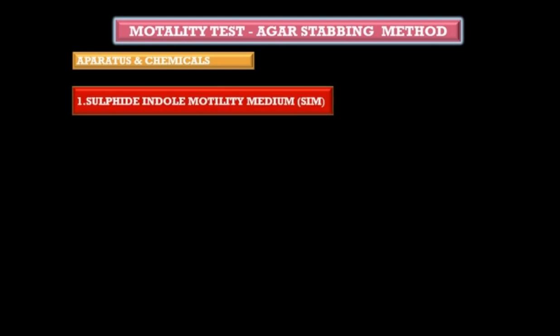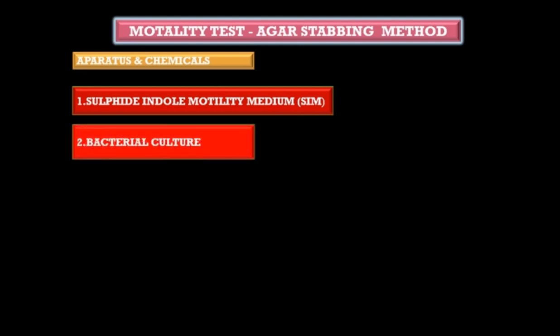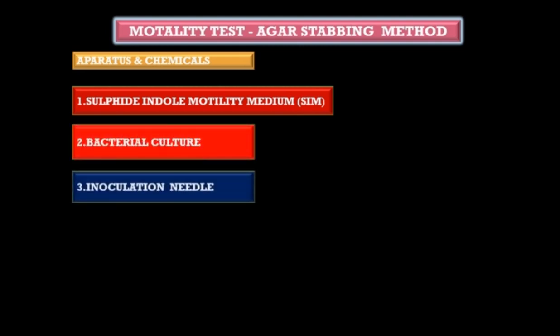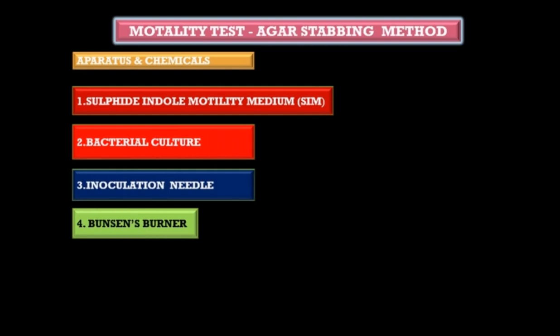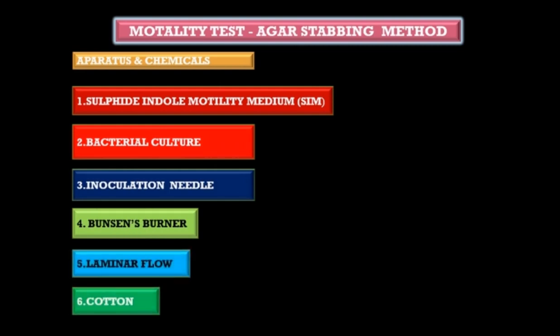Let us see the second motility test, the agar stabbing method. Apparatus and chemicals: Sulfide Indole Motility medium, which is called SIM, bacterial culture, inoculation needle, Bunsen burner, laminar flow, and cotton. Let us quickly go through the procedure. You take a bacterial culture.